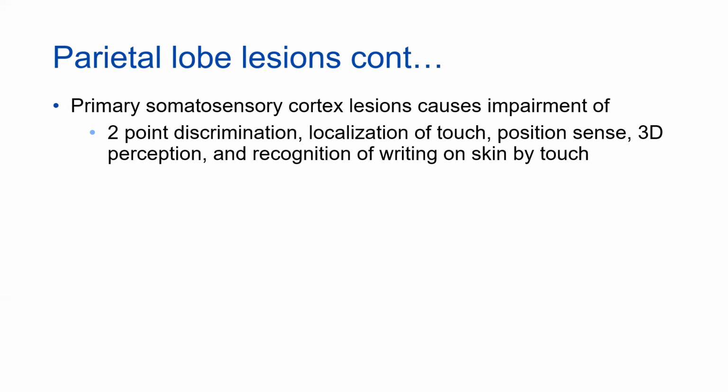Your two-point discrimination allows you to know that it's two objects touching your arm and not just one object. But individuals with lesions to the primary somatosensory cortex have impairment of two-point discrimination, so they may only feel one pencil on their arm and not two.